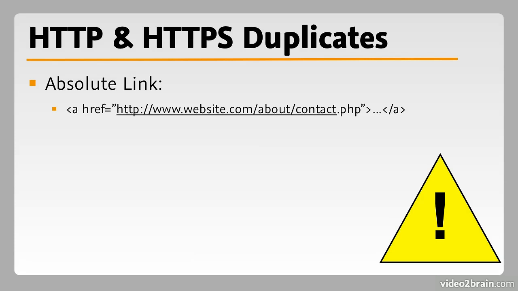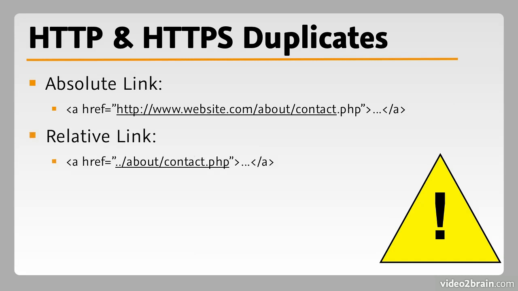You see, an absolute link has that HTTP protocol, the website, and the page that's being linked to. A lazy way of linking is called a relative link. And in doing that, all you're doing is saying, we're assuming, since we're already on this domain, that we don't have to type in the entire domain. We just have to type in the page that you're going to go to.